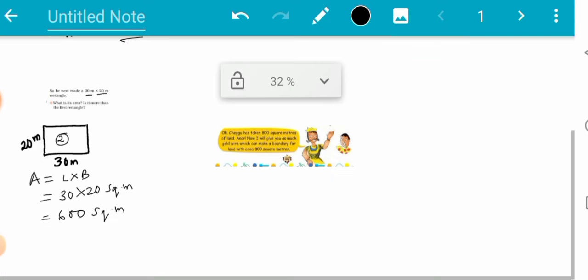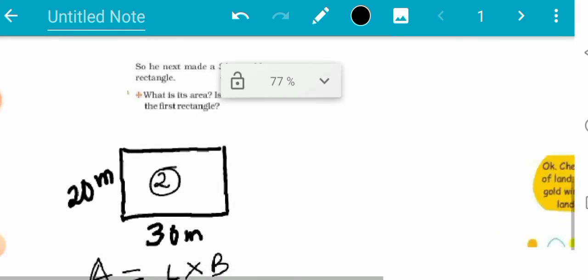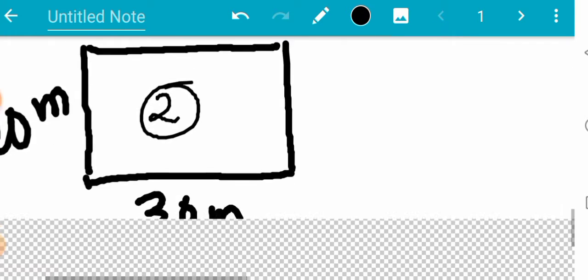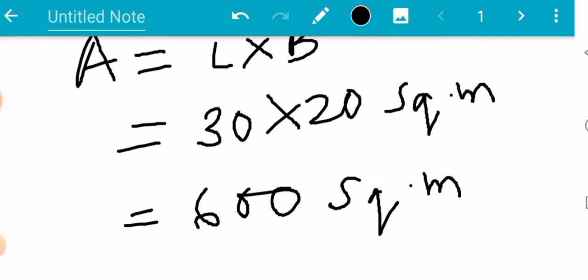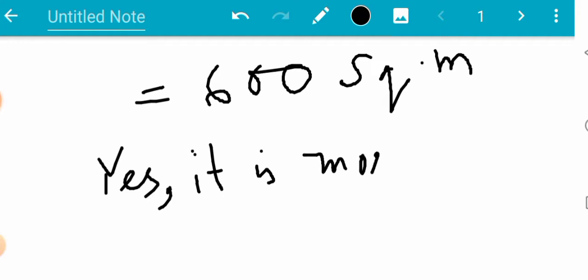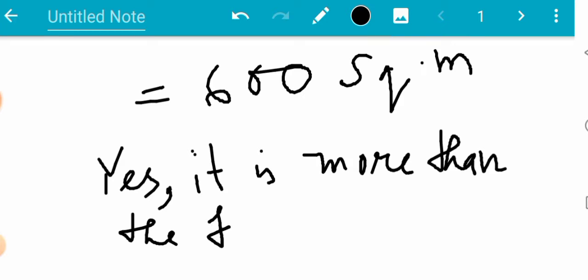The question was, is it more than the first rectangle? Yes, it is more than the first rectangle.